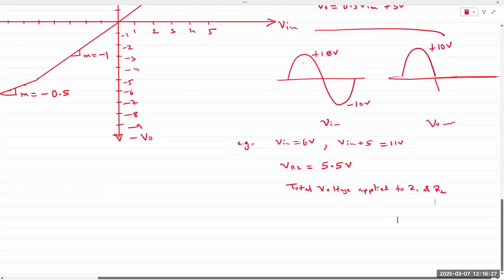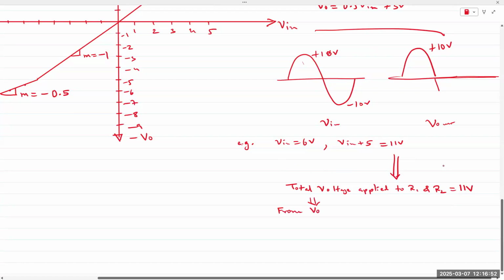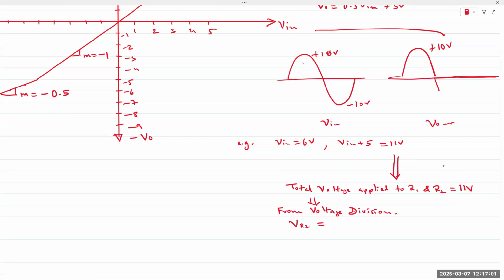Total voltage applied to R1 and R2. (11 times R2 over R1 plus R2).